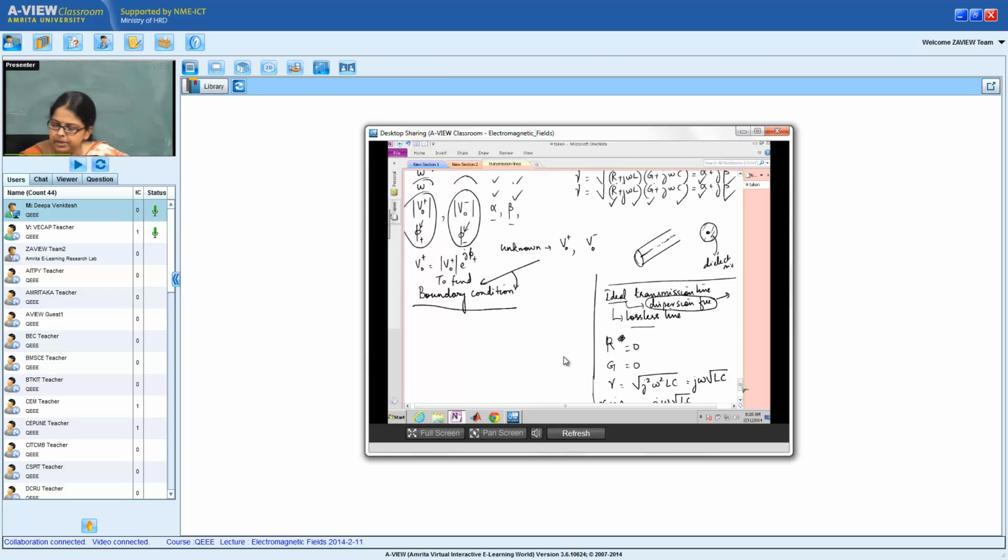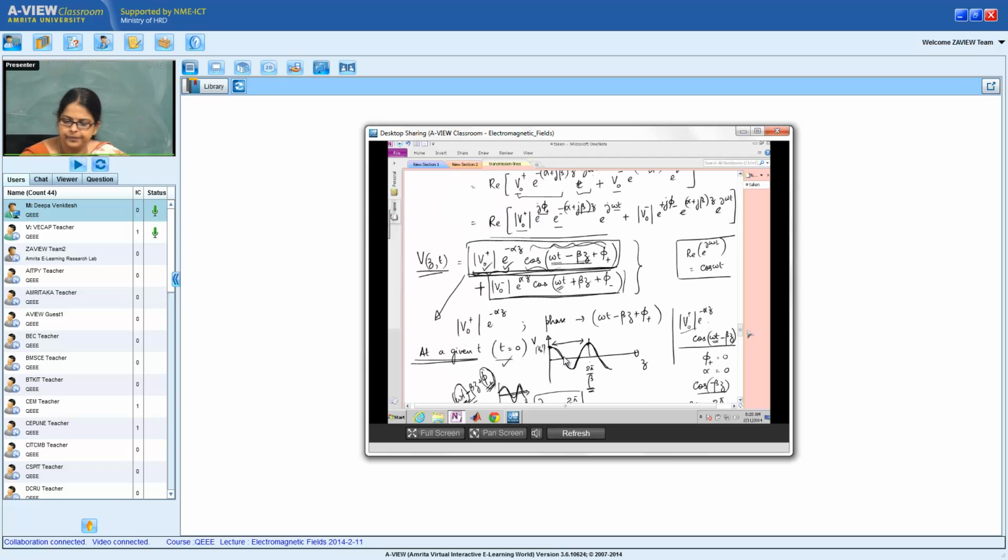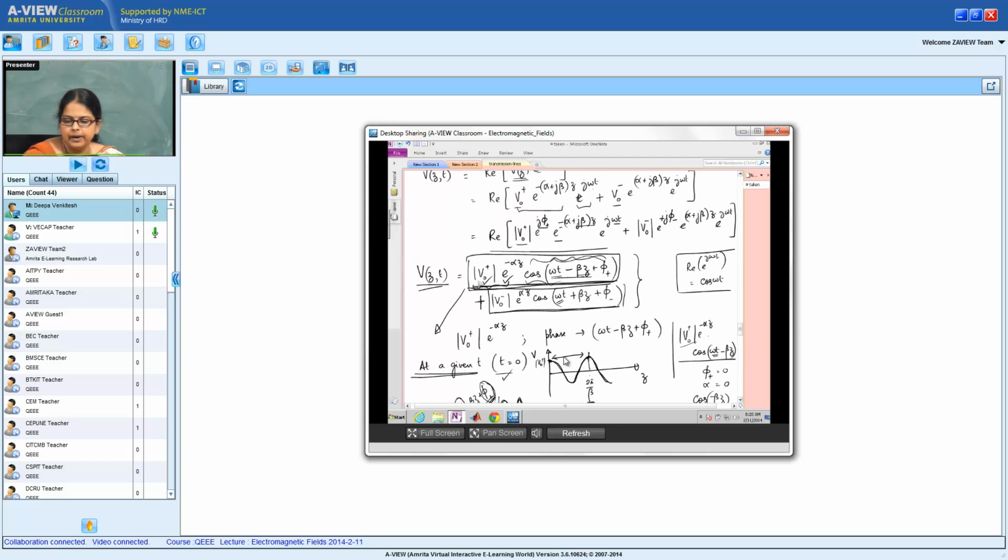Quite intuitive, because if you go back and look at the way the wave is propagating, you see the forward propagating wave V0 plus e power minus alpha z. What was this alpha doing?